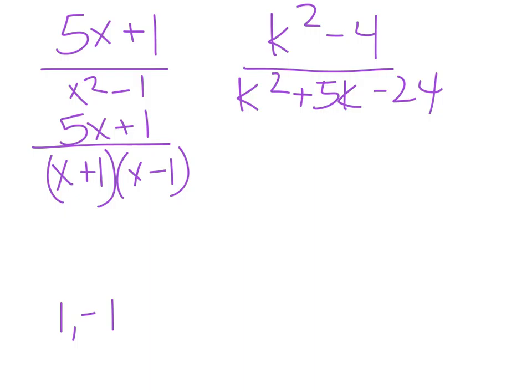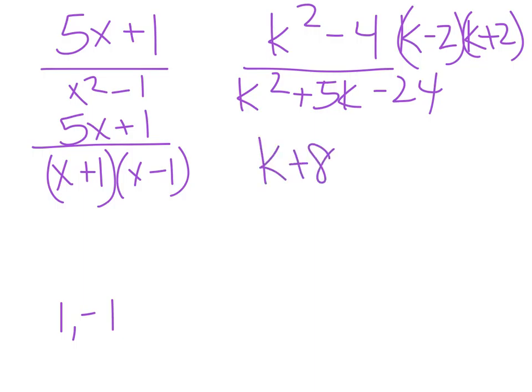This one over here gets a little different. You can even factor the top on this, because you should have k minus 2, k plus 2. And I'm doing that because that will come up later. K squared minus 4, yep, and the other k's disappear. Now on the bottom, I think it must be k plus 8, k minus 3.